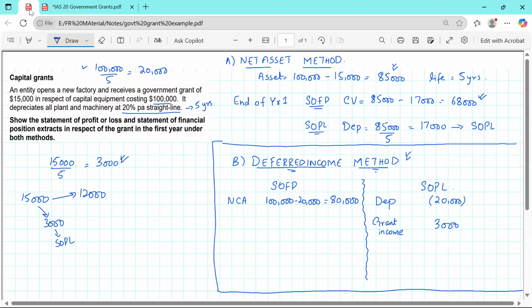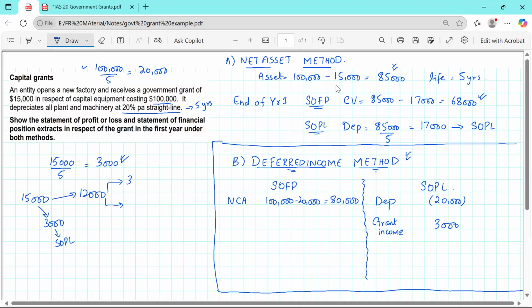What is the current liability? The liability within 12 months. And what is the non-current liability? That will be settled after 12 months. Now, out of this 12,000, how much of the liability is going to be reduced in a year? 3,000 more.